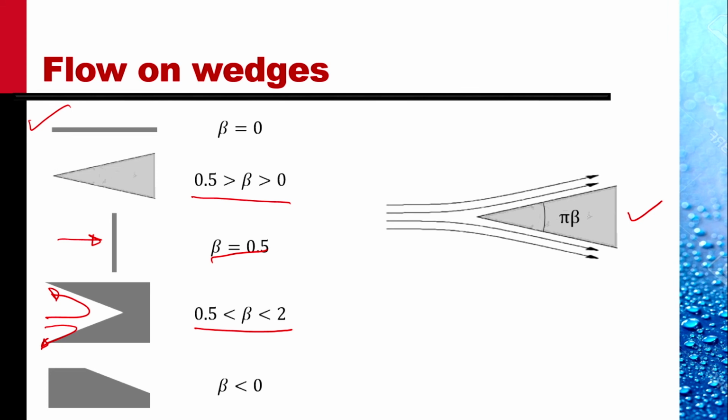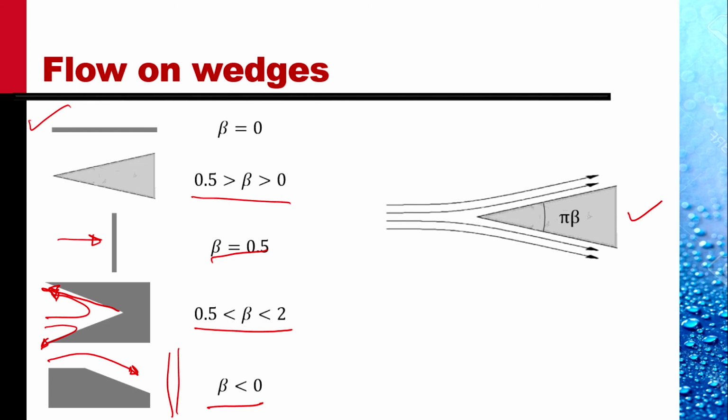This is also a flow in which along this surface the flow would be accelerating. This diverging flow, on the other hand, for beta negative, is the case where the flow is decelerating. And as we studied in the last lecture, the flow tends to separate when the flow is decelerating.